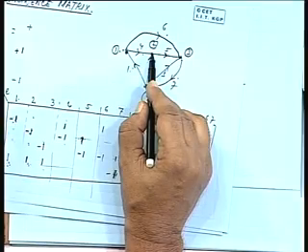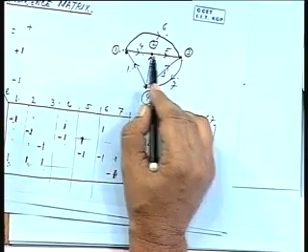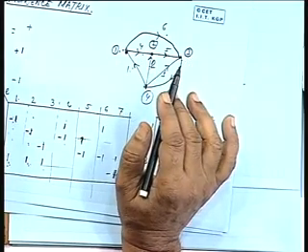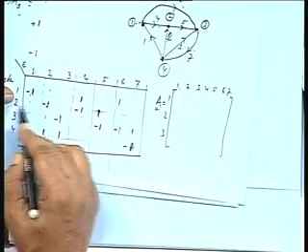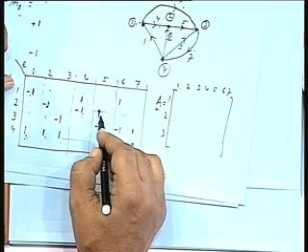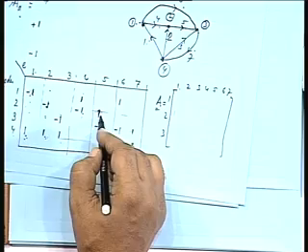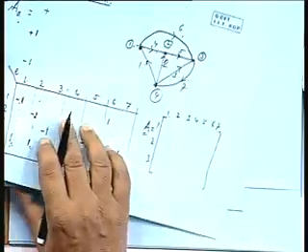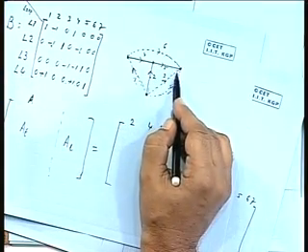Now, a particular node, say this node, node 2, is connected with element number 5, element number 2, element number 4. Node 2 is having connection with 2, 4 and 5. Is that all right? So, these elements 2, 4, 5 in B matrix, how do they appear? 2, 4, 5.